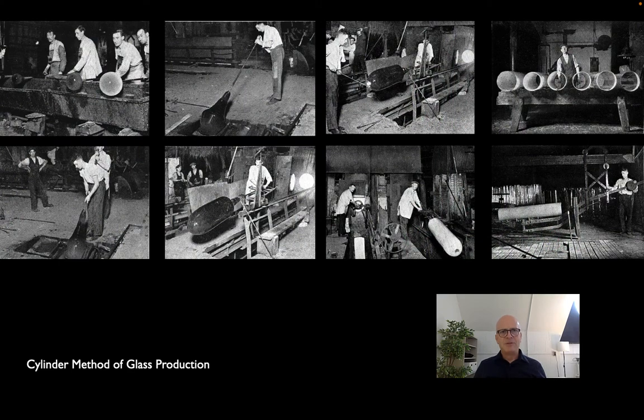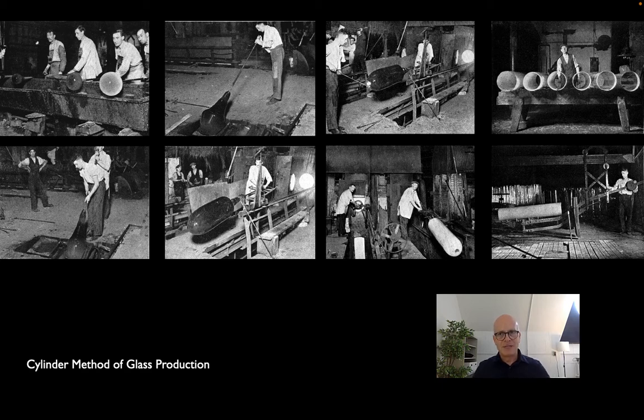And there's a later development of what's called cylinder glass, which basically asks the glassblower to blow gigantic bottles off of the punty. So you can see there's a huge quantity of glass being put onto the end of the stick. That's then inflated, usually mechanically. The human lungs can't quite cope with this much pressure. And then, as you can see, those long test tube shapes are sliced up.